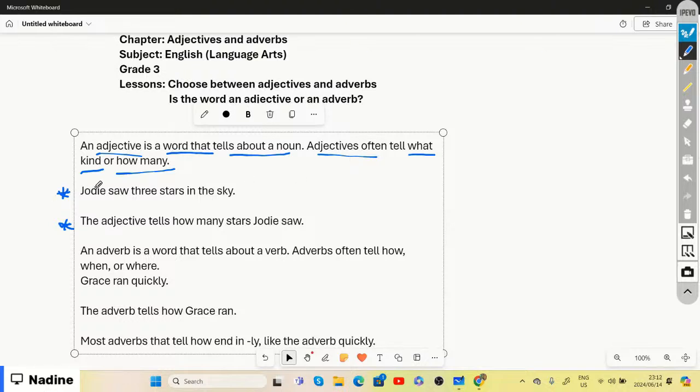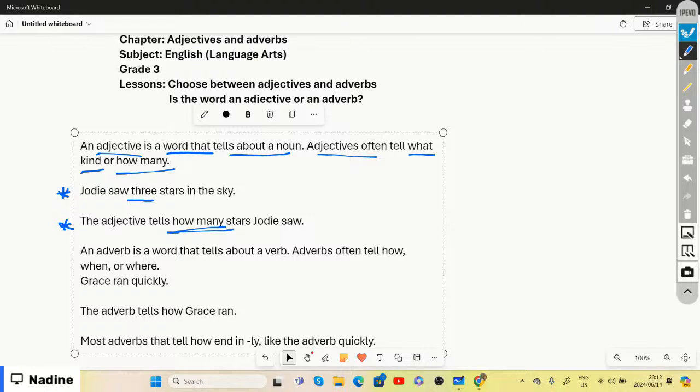It says Jody saw three stars in the sky. So now you need to ask yourself, how many stars did Jody see? And now it will show that Jody saw three stars in the sky, right? Which means that this sentence tells us how many stars Jody saw, and the question was answered.